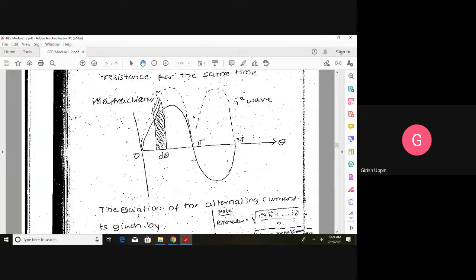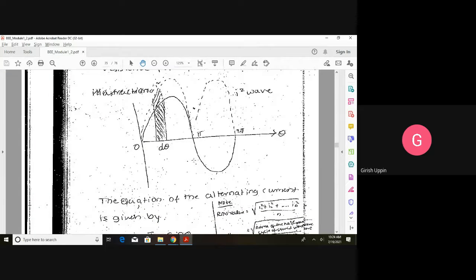If you want to find it using the instantaneous values, RMS value is equal to the square root of I1 square plus I2 square plus I3 square plus so on plus IN square, divided by N, where N is the number of samples.